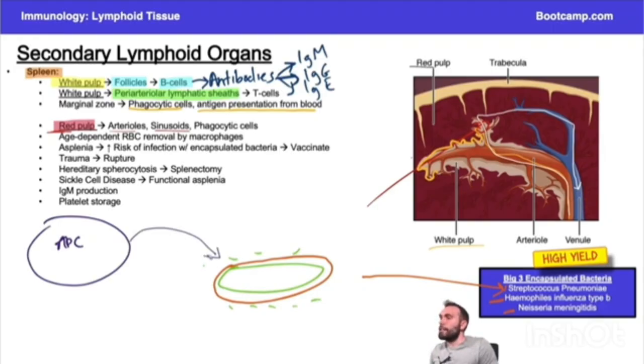Okay, so the antigen presenting cell needs a way, essentially, to try to digest this bacteria now, right? It can't do it through just phagocytosis alone. So what can happen is, we have antibodies in our blood, right? Let's just say we have some IgM antibody floating around, and maybe this IgM antibody binds to the surface of this bacteria, okay? And in doing that, now this bacteria is essentially tagged for destruction.